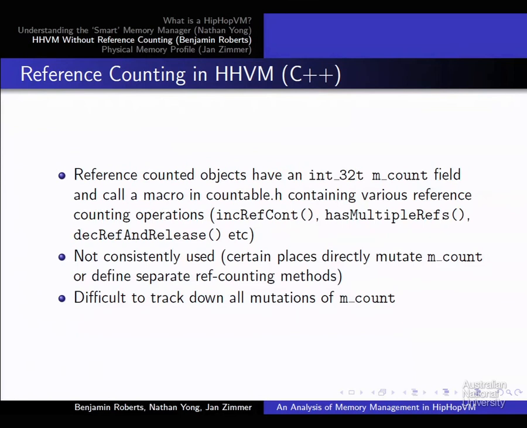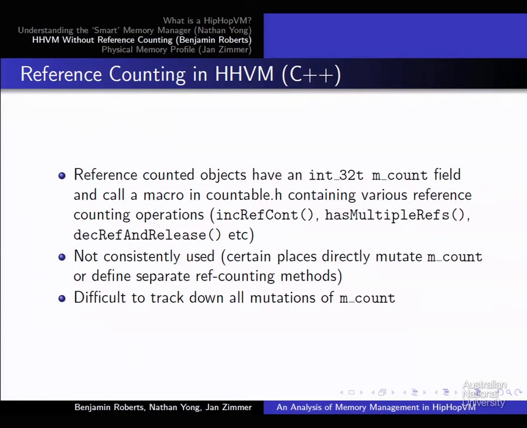And to add to that, HipHopVM does reference counting in an interesting way. They have a reference counting API called countable.h, which contains C++ macros that define functions which increment reference counts, decrement them, check if an object is referenced by multiple other objects, and deallocate it if needed.